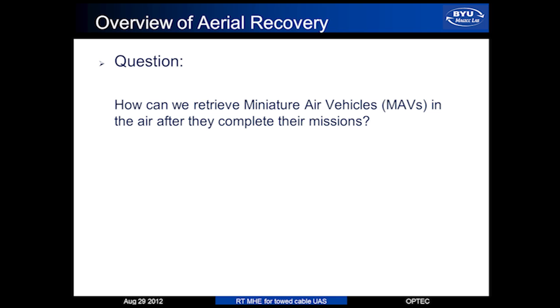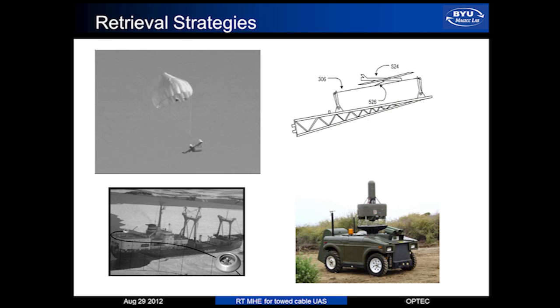Use some other aircraft. Here are some retrieval methods used in the literature. The upper two figures are for fixed wing retrieval. First one, they use a parachute. The basic idea is that after the MAVs run out of power, they use the parachute and just go with the wind.